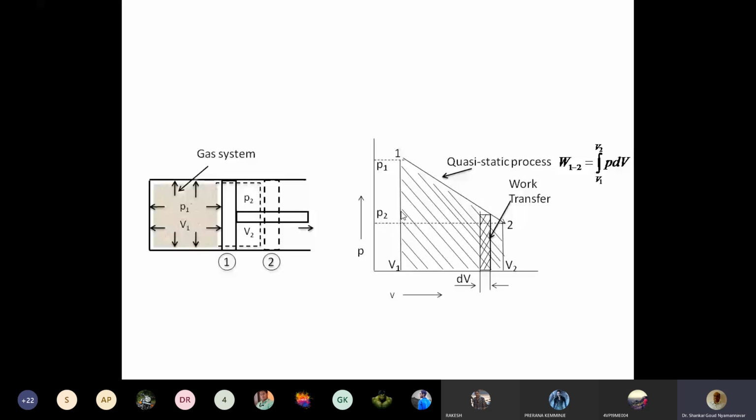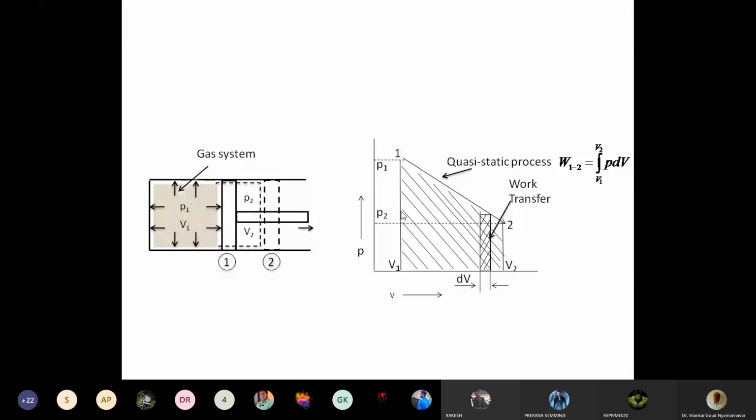The other way of doing it is how? You know the relation between P and V, how they are related. P is linearly proportional to V, right? There is a linear relation between P and V. So you can write P is equal to m into V plus c.